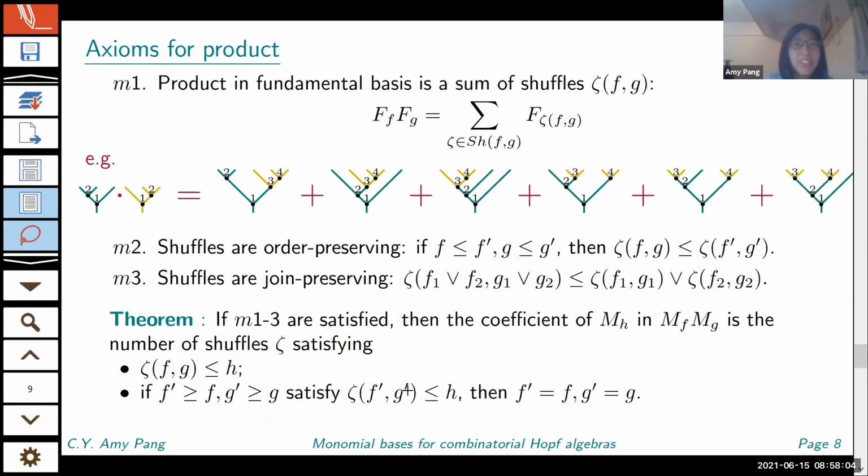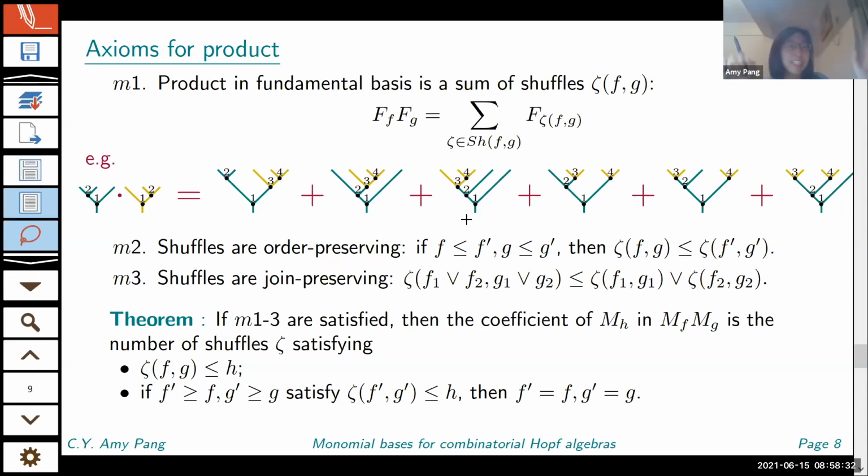Just real quick, I want to show you what the product axiom looks like. You need the product to be a sum of shuffles. If I have a degree 2 and a degree 2, then it will create 4 choose 2 terms, and from the diagrams it looks like the yellow thing is shuffling into the green thing, with shifted labels.